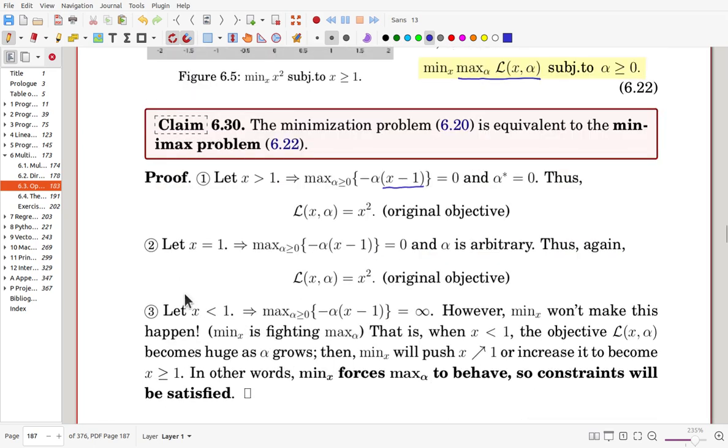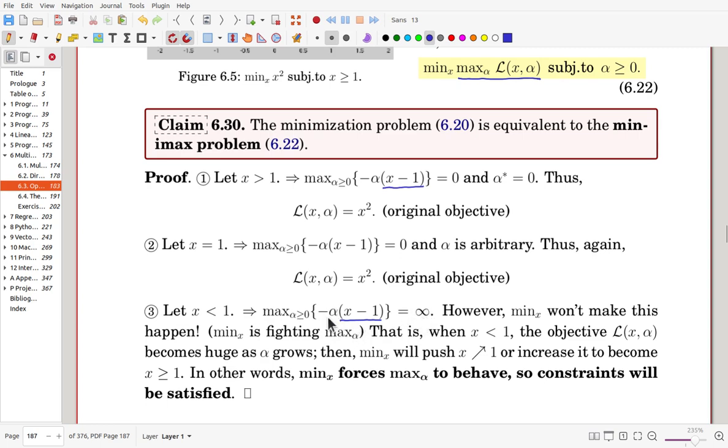Now, when x is less than 1, which is violating the constraint, consider the maximum over alpha of that portion. Now x minus 1 is negative, so this portion is negative, and if alpha is non-negative, then the maximum value will become infinity.